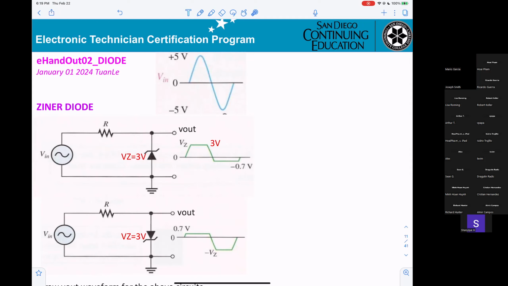So when the input is positive, 5 volt, and you know 5 volt is greater than the Zener breakdown, that's why we have 5 volt here, 3 volt here.